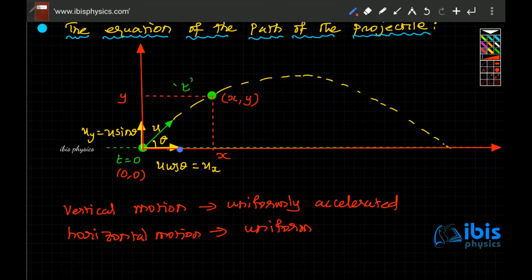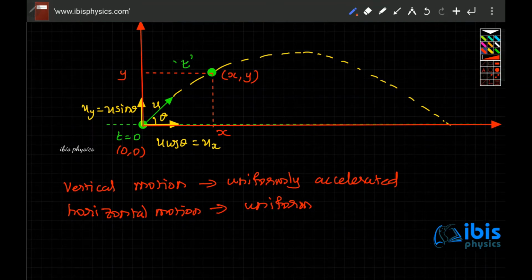Okay, then the horizontal distance. Since the horizontal velocity is constant, after t seconds this horizontal distance is equal to horizontal velocity into time taken, right? Suppose this is the horizontal distance. So the object is going with constant velocity u cos theta. Then the horizontal distance x is equal to horizontal velocity into time taken.